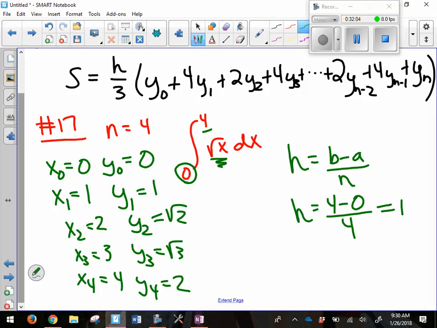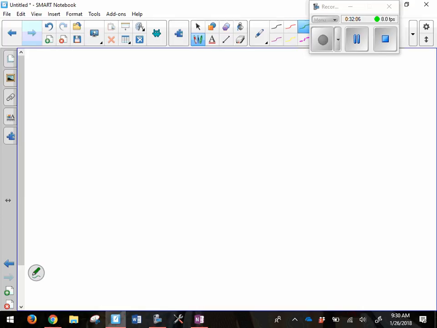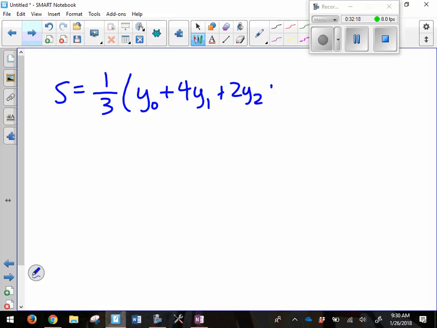So you'll be able to look at that on your paper, but this tells me that S is equal to h, which is 1 over 3, and I have to go up to y equals 4. So it's going to look like that. It may, yes, because it gets wacky.